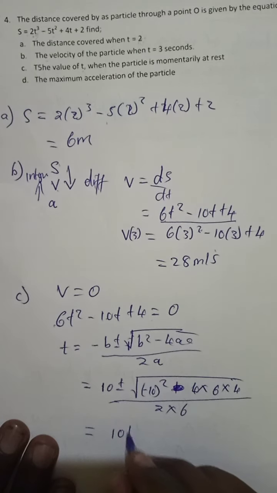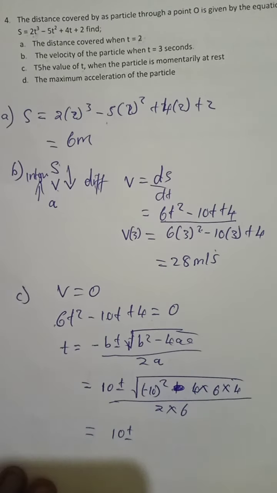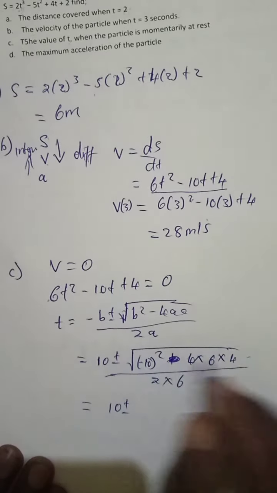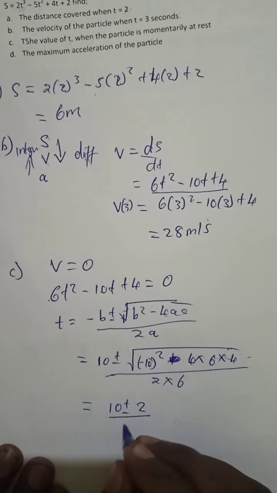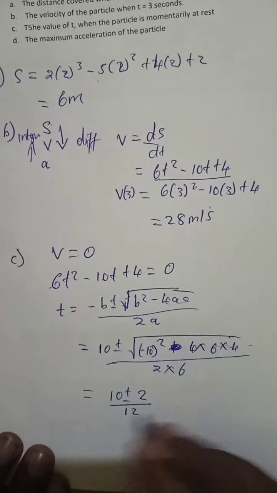That gives us 10 plus or minus the square root of what is inside, which is 4, so 2, divided by 12, which is 2 times 6.